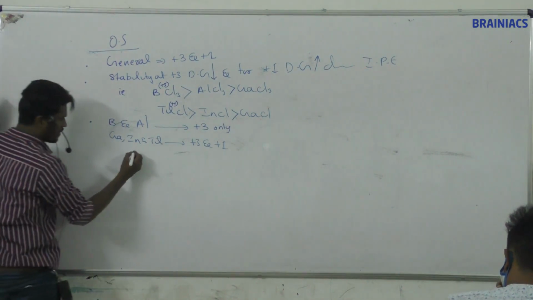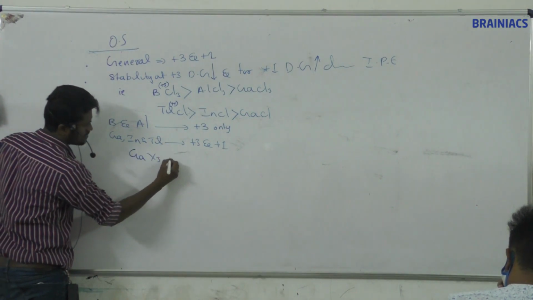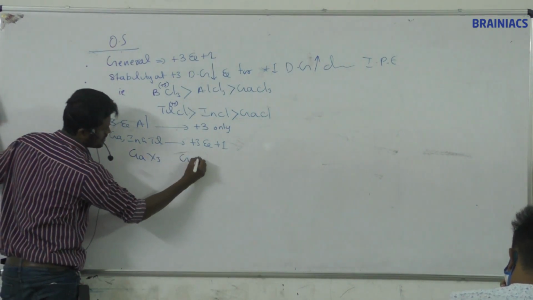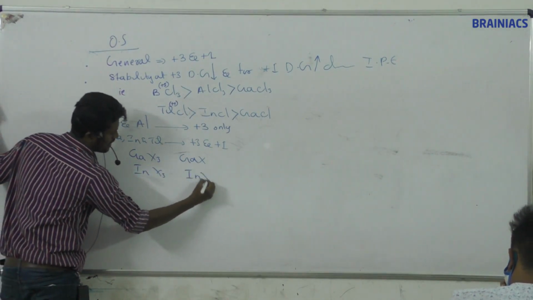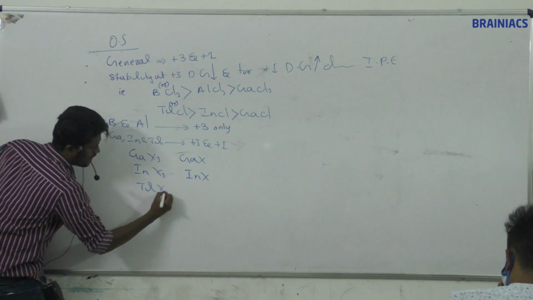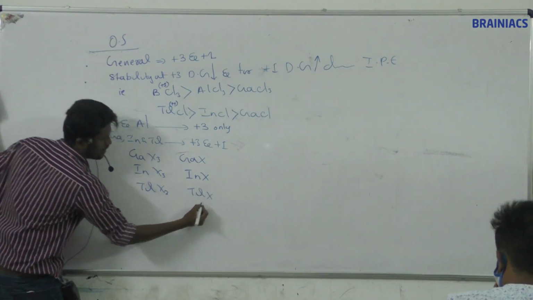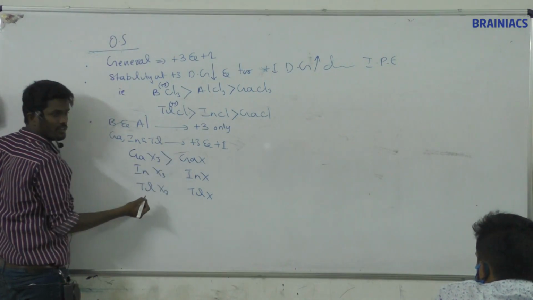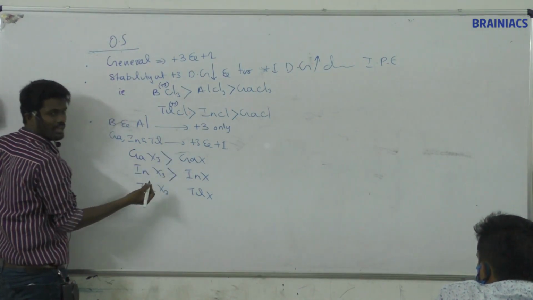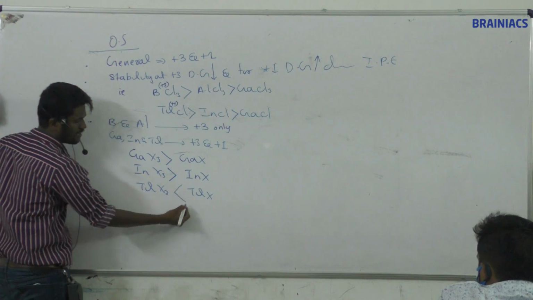Okay, so here we have GaX3 and GaX, InX3 and InX, TlX3 and TlX. Which has higher stability here? GaX3. InX3. TlX.